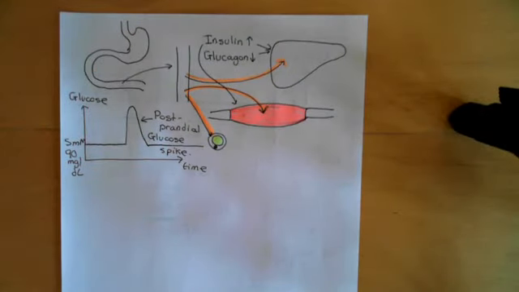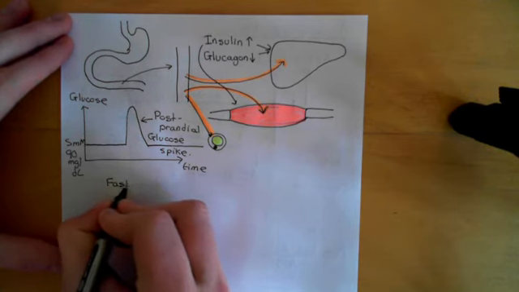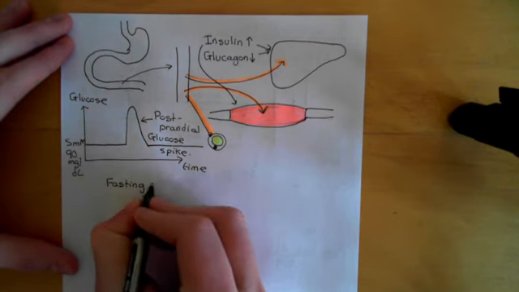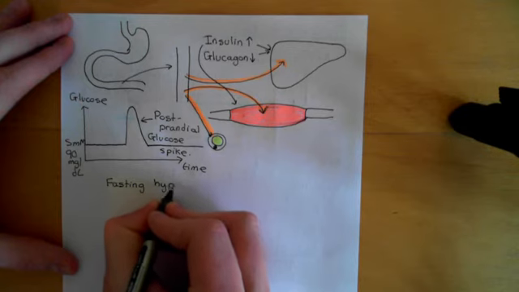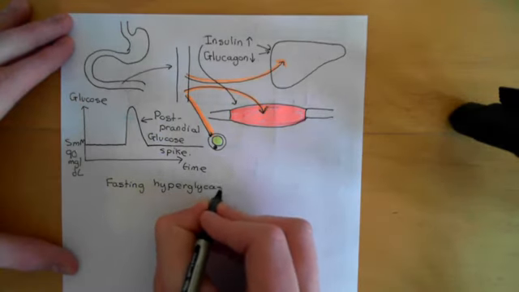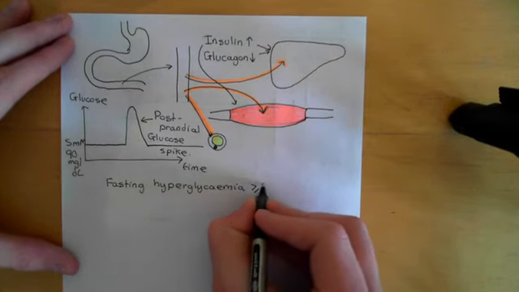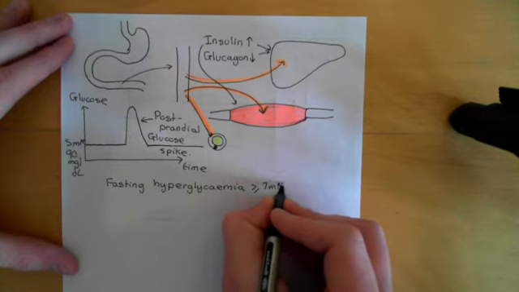Right, so now let's discuss type 2 diabetes mellitus. The key features of type 2 diabetes mellitus then are that you have fasting hyperglycemia. What that means is that your blood glucose concentration is too high even in the fasting state. That's usually defined as being greater than 7 millimolar in the fasting state.